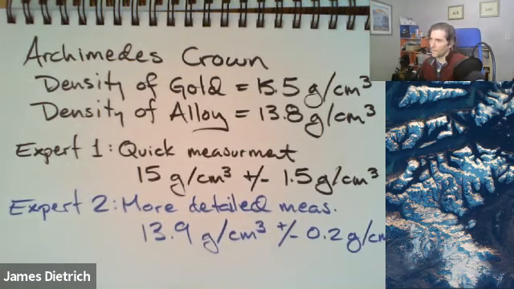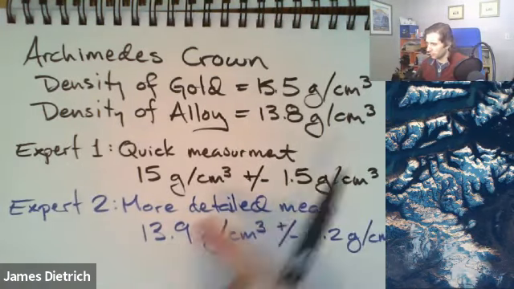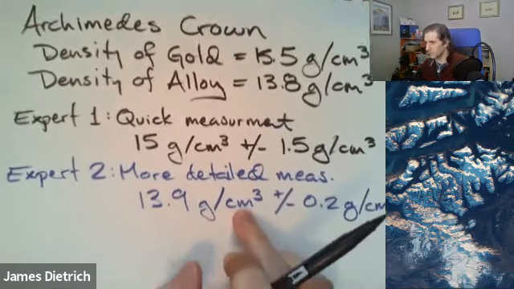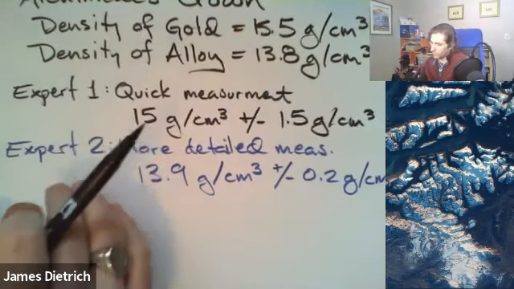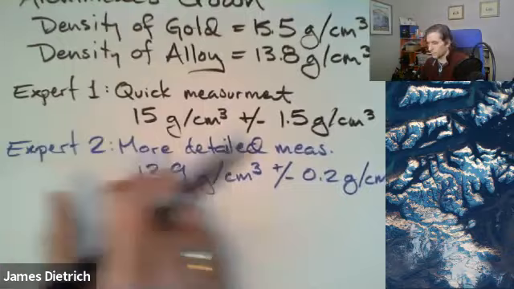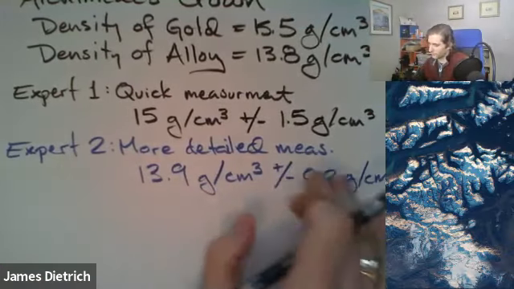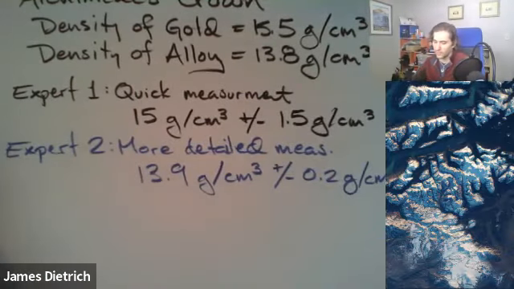One gives a quick measurement, one a more detailed measurement. If you just relied on one or the other, expert two is obviously more accurate, so we can put more weight in that.